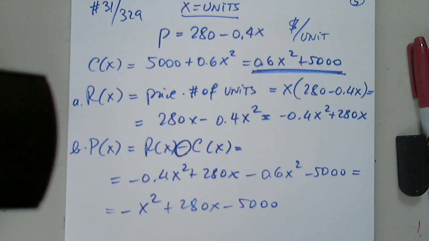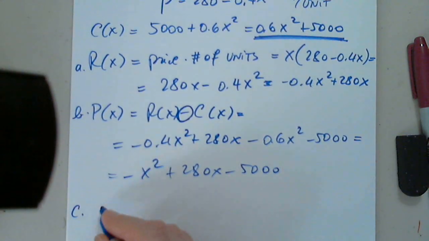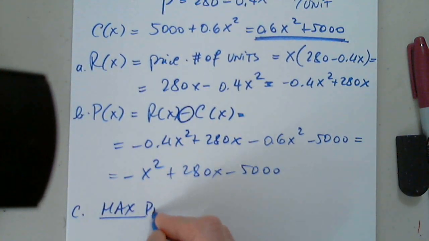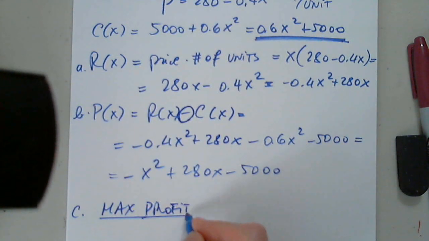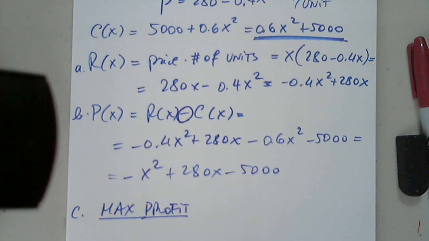How many convection ovens must be produced and sold, of course, in order to maximize profit? So in part C, we want to maximize profit. What are the steps for maximizing profit?